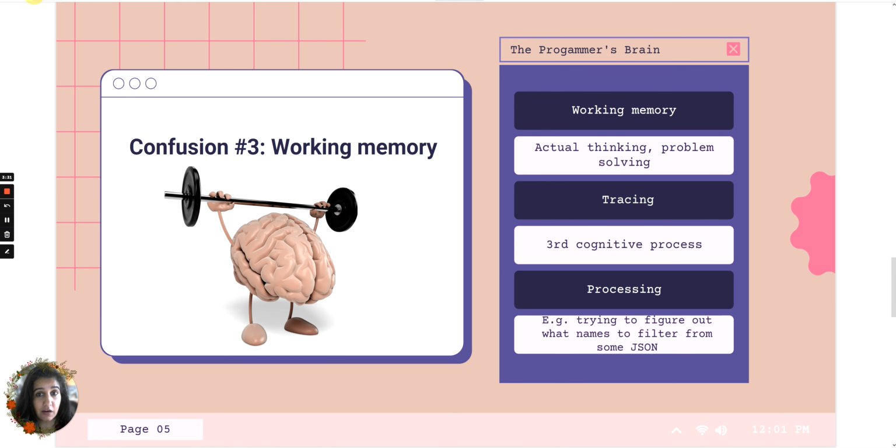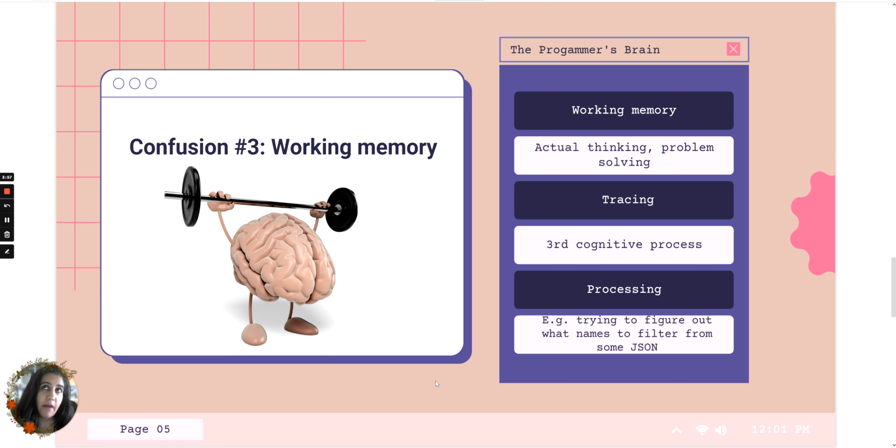Now, the third type of confusion is due to working memory. This is also the third cognitive process which is involved when you're going through some code or coding. In the working memory is where you're actually thinking and actively problem solving.